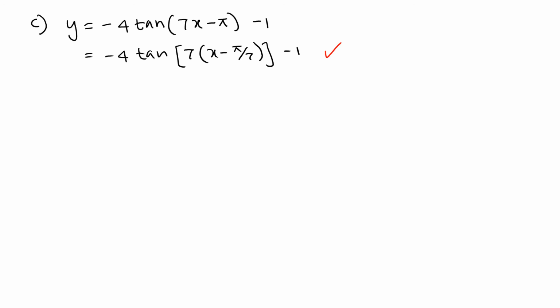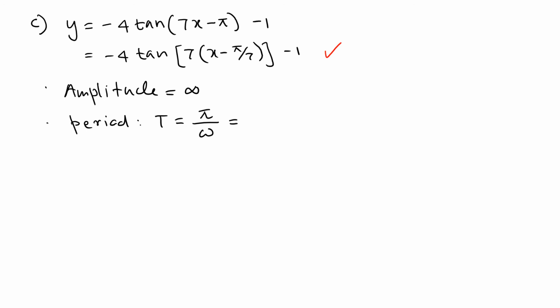Now we can find the amplitude. We know that for tangent there's no real amplitude, so we can say infinity. The period is T equals pi over the absolute value of omega, so that means pi over 7.